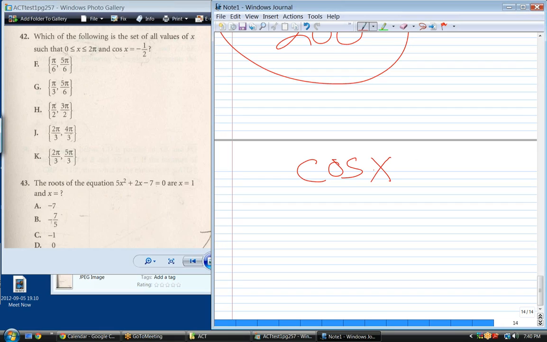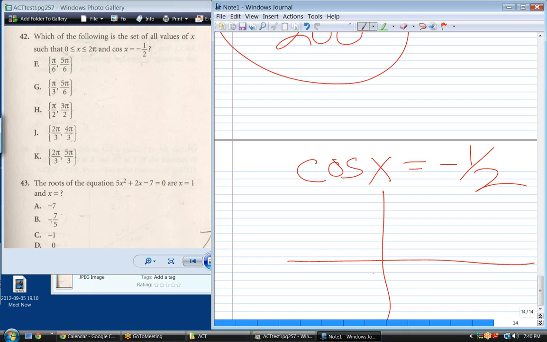So we start off with the cosine of x is equal to minus 1/2. So which of the following is the answer? We would have to work that out. The cosine thing? Well, let's look at our unit circle.